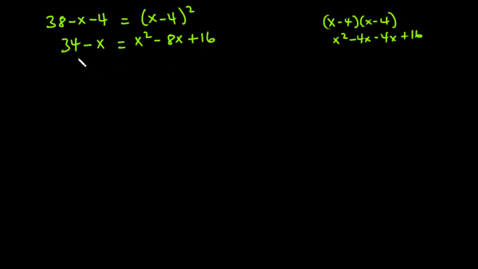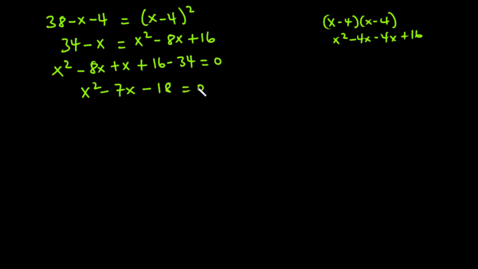Now let's transpose 34 minus x to the right hand side. So you have x squared minus 8x. Now this is negative x, so it's going to be plus x. Then we have plus 16 minus 34, which is equal to 0. So x squared minus 7x minus 18 equals 0.